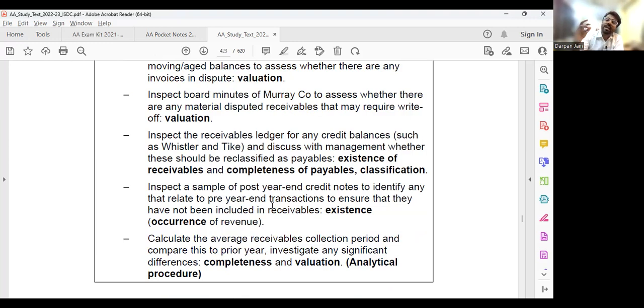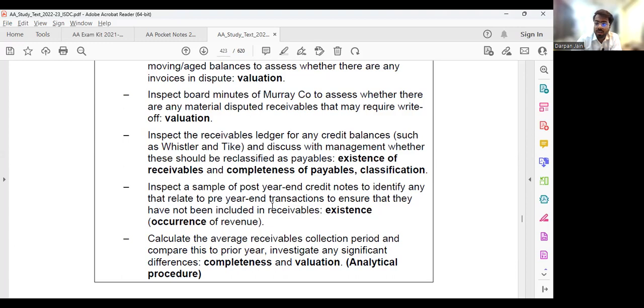Your debtors should have a debit balance, right? If there's a credit balance, what does that mean? That means to that person you're selling goods and you're also purchasing goods from the same person. That is why that debtor is showing a credit balance. So see whether that should be shown as a payable instead of a receivable.